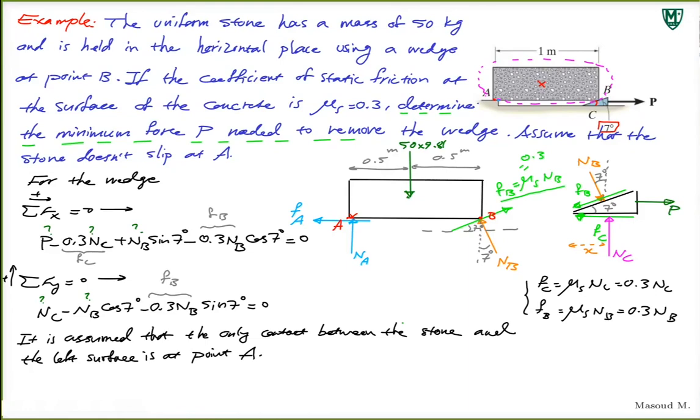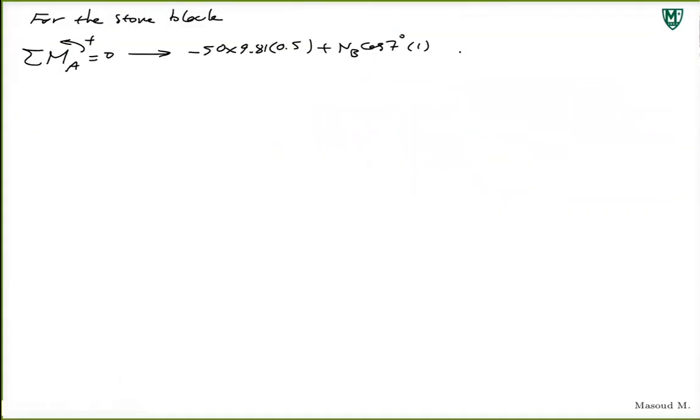Cosine passes through point A. Sine will be vertical. So again, 0.3 NB times sine 7 degrees would be the vertical component. And the distance of the vertical component from point A is 1 meter. So this becomes plus 0.3 NB sine 7 degrees times 1.